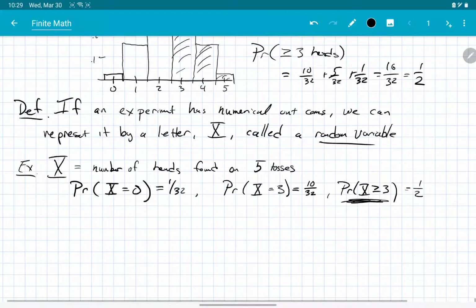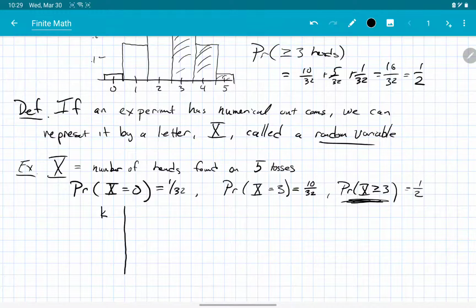And so now we can make a table. Sometimes the way you're going to see these tables is like this. Your numerical outcome is K, and then on this part of the table you'll have the probability that the random variable is equal to K. And so for this experiment, I'm just repeating this table, but in the new language.